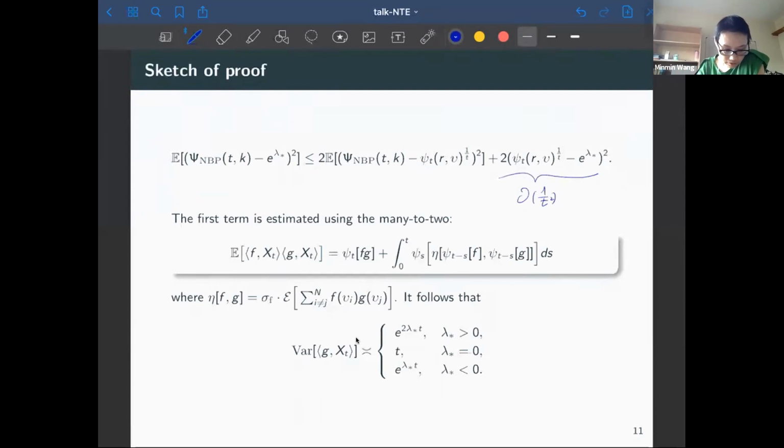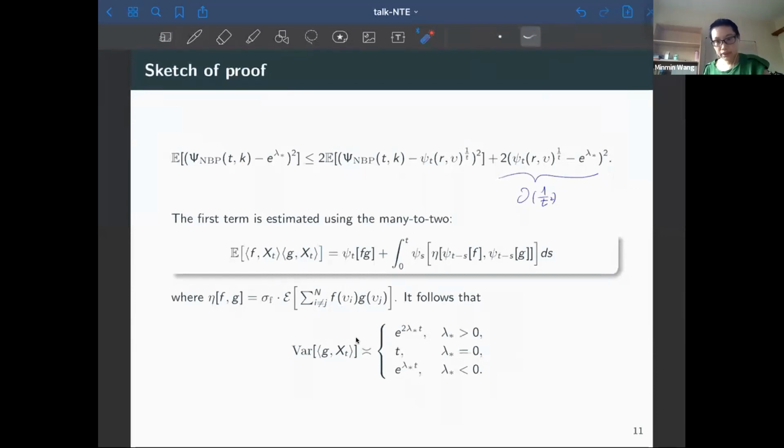And the first term, if you forget about the 1 over t exponent, just boils down to looking at the second moment of the empirical measure. Okay, so this can be obtained by the Minmin-Wang formula, which Emma had already touched upon.